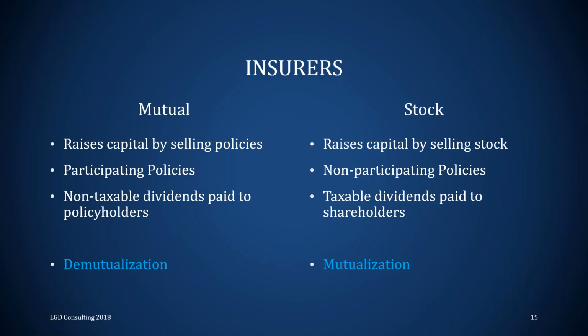So where are you going to raise capital to get your company off the ground? With a mutual company, you raise money by selling policies. With a stock company, you raise money by selling stock to investors. So if you bought a policy from a mutual company, they're going to offer you what's called a participating policy. In raising money through policyholders, when you buy a policy, in a sense, you have ownership in the company.